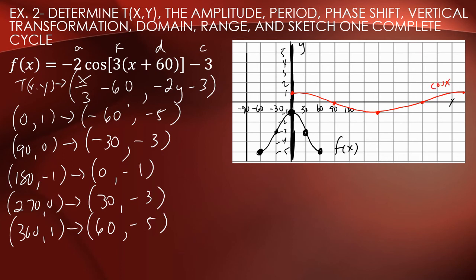So right there would be the normal cosine. So yeah, you can definitely tell it's been stretched. It's been compressed. It's been reflected. It's been shifted left. It's been shifted down. You can see that very clearly from just looking at the normal plain old cosine.